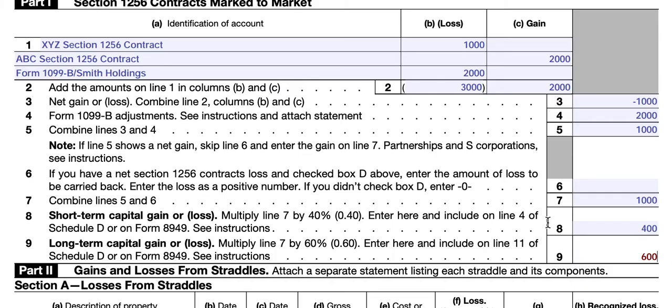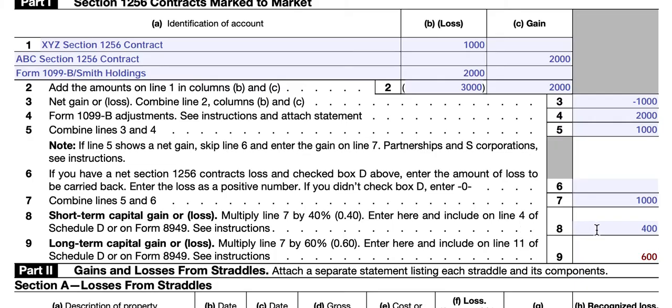You would enter in quotes Form 6781 Part 1 in column A. You would enter the amount of gain or loss in column H, and then you would leave everything else blank.